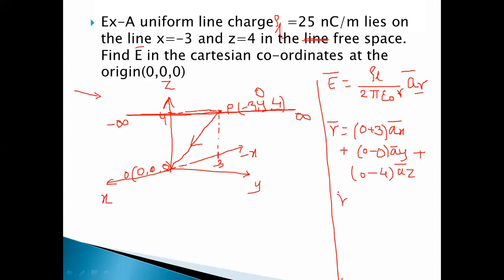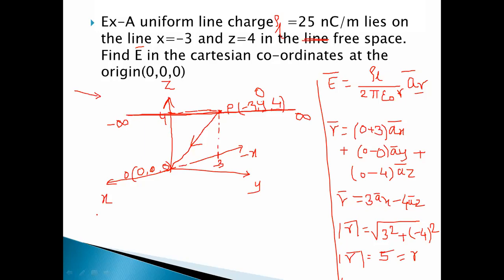So this r bar is equal to 3 a bar x minus 4 a bar z. Now you can find the mod of r bar, which is equal to square root of 3 square plus minus 4 square. 3 square is 9, 4 square is 16, 9 plus 16 is 25. So the mod of r bar is equal to 5, which is your radius r.